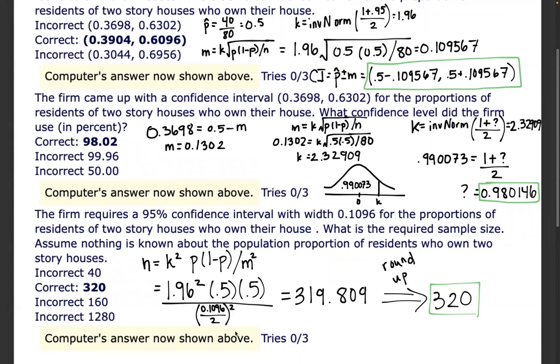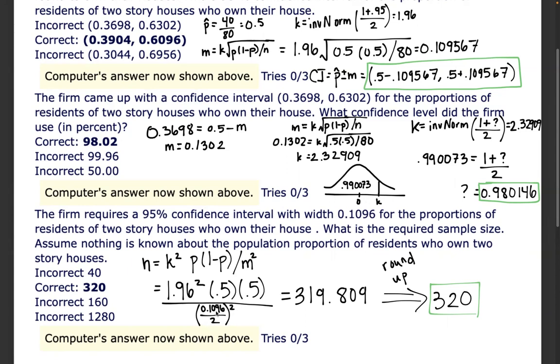Our K is 1.96. And then because nothing is known about the population proportion, we're going to do 0.5 as our P, and 1 minus P is also 0.5. And then we would divide that by our M squared, which is 0.1096, our width, divided by 2, squared.